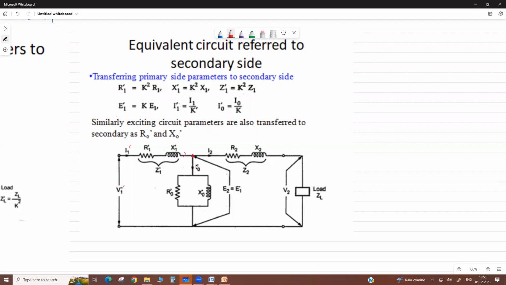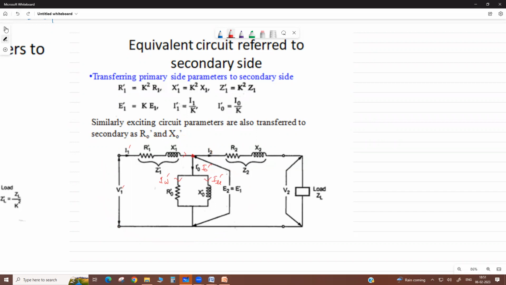At this node, this is I naught dash, and this has two components, I omega dash and I mu dash also. Now this is your secondary side, so we write I2, R2, X2, V2, Z2 or ZL. This portion we have to transfer from the primary side, that's why they are denoted as dash.